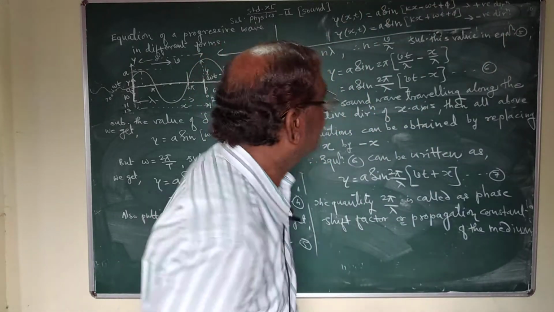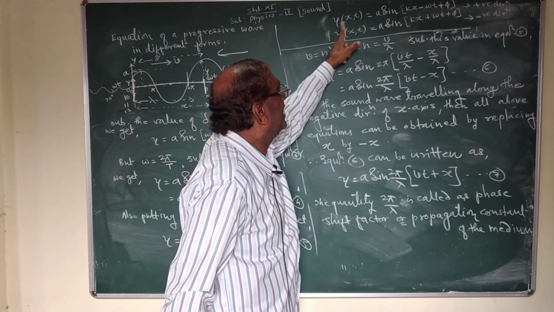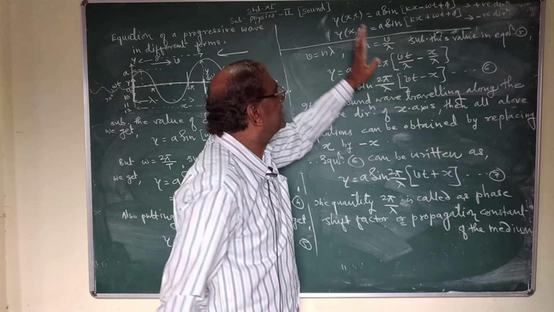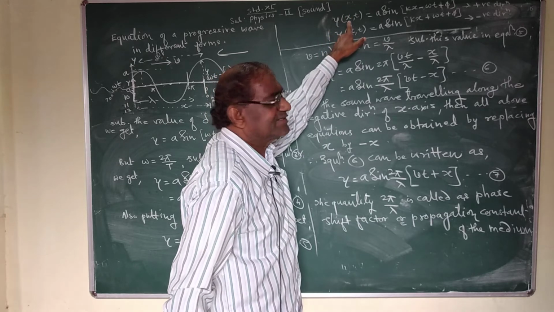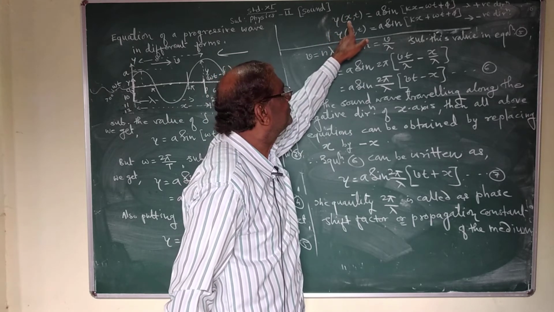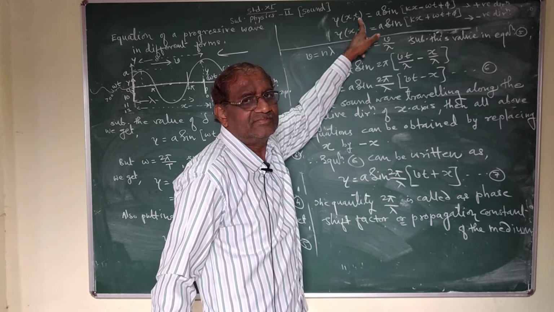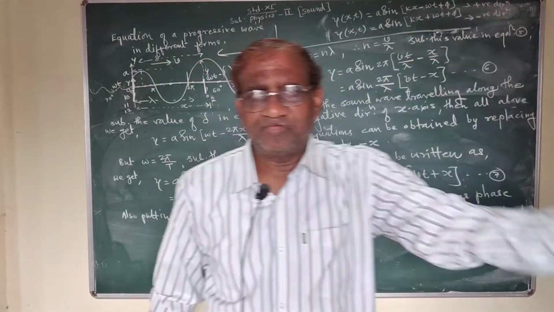It means the displacement y, x and t are the variables, so the displacement of a particle is a function of distance traveled by the particle, that is x, and time.